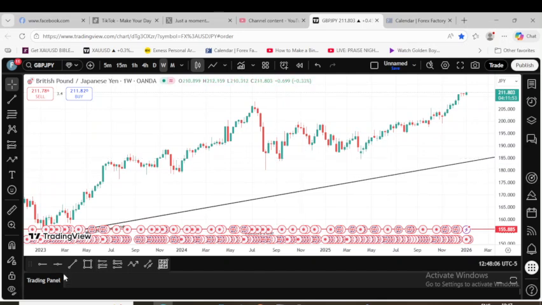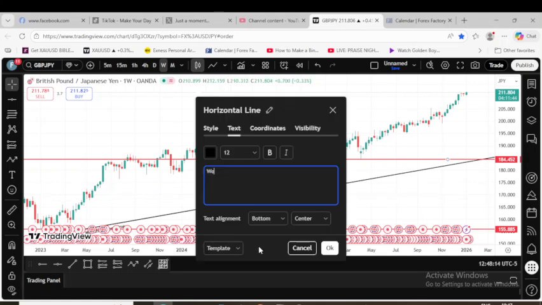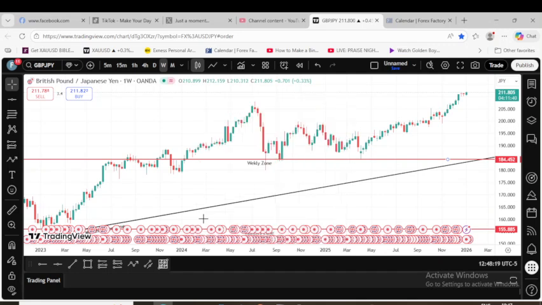We have a zone here. Starting from here, you can see that price has bounced above this level twice, so that makes it a valid zone.